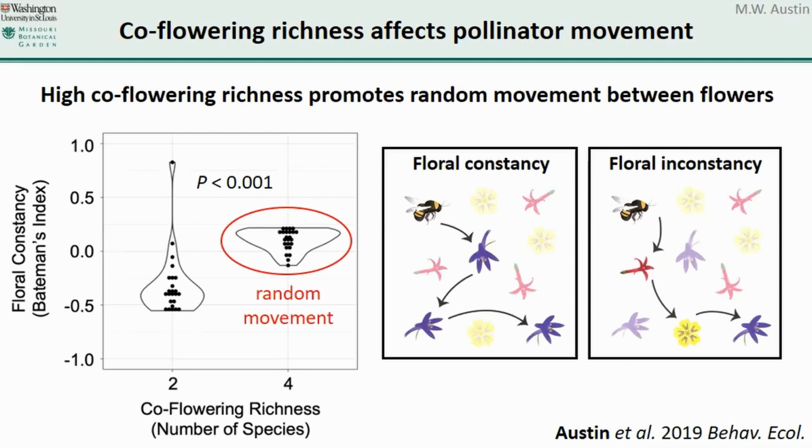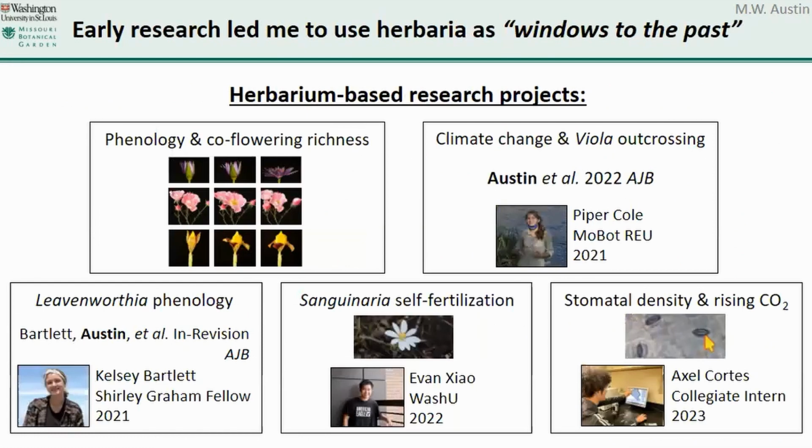So this study led me to become interested in how herbaria could be used to test what environmental aspects affect co-flowering richness, and also how does the environment affect outcrossing rates of flowering plants.